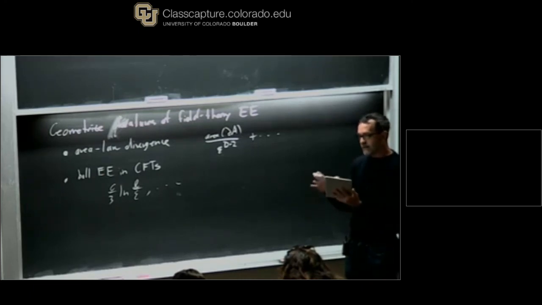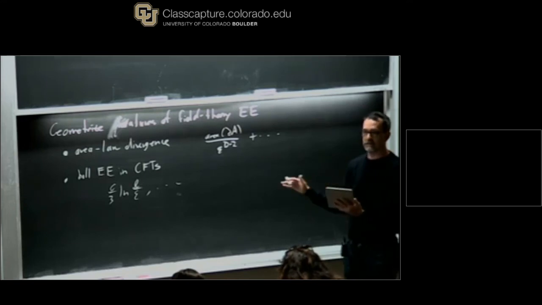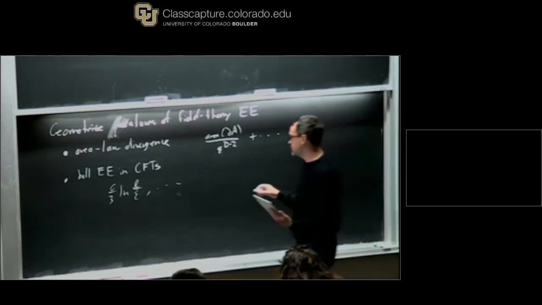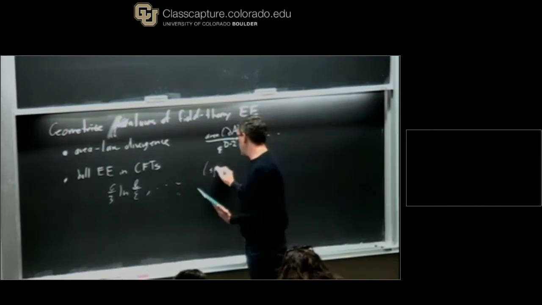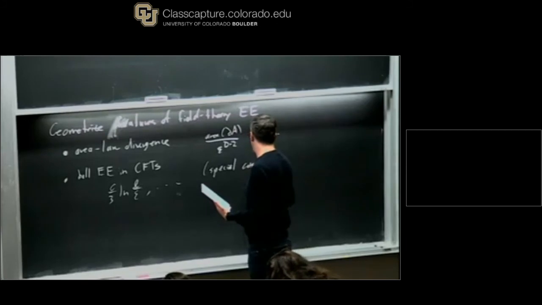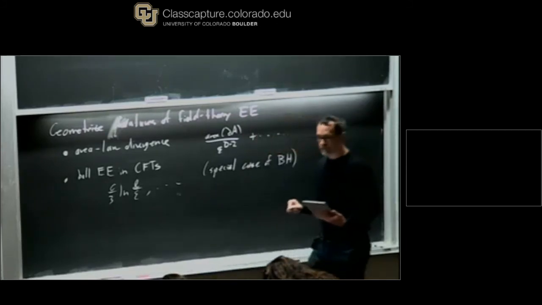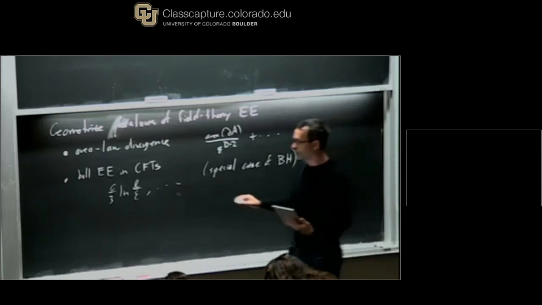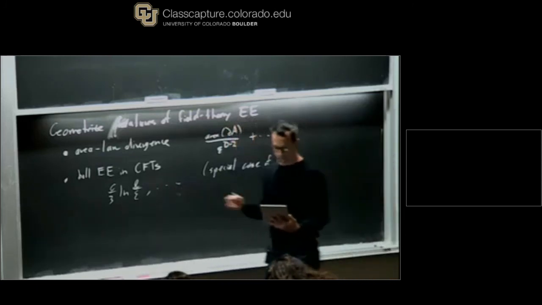The reduced density matrix on a ball is the thermal state on hyperbolic space, and that is represented holographically by a black hole. So this is actually just a special case, not of Ryu-Takayanagi, but of Bekenstein-Hawking. In other words, these are all just black holes, really.